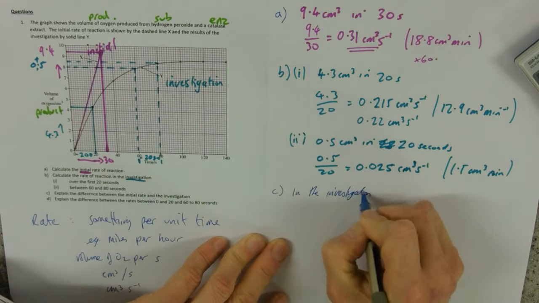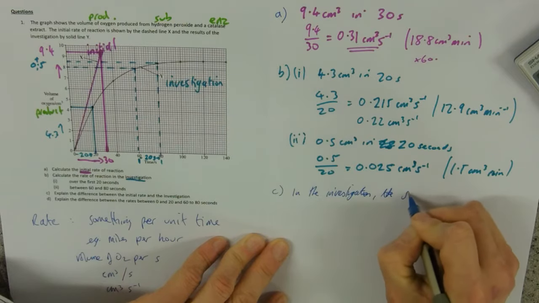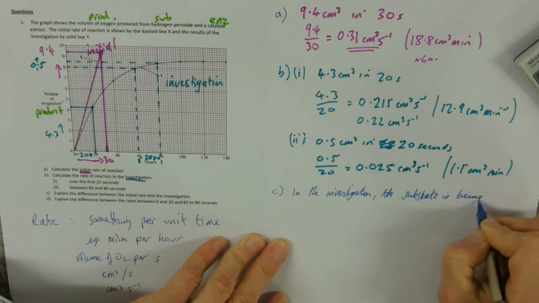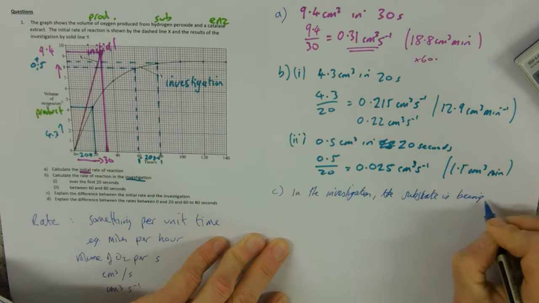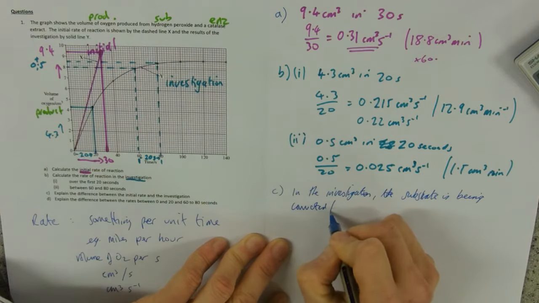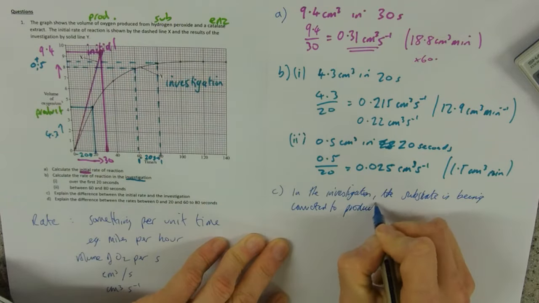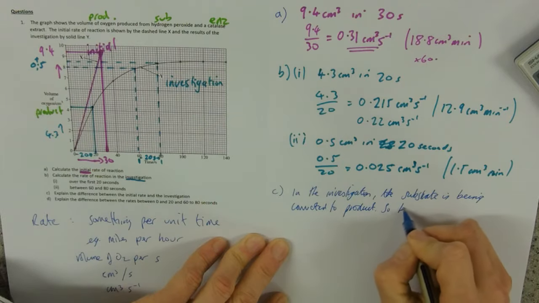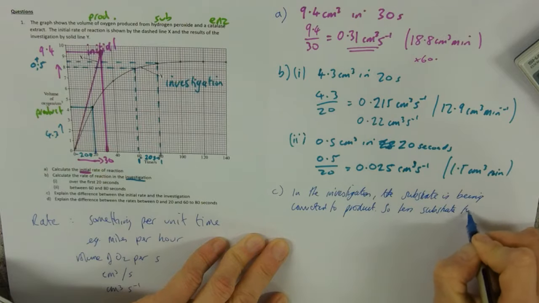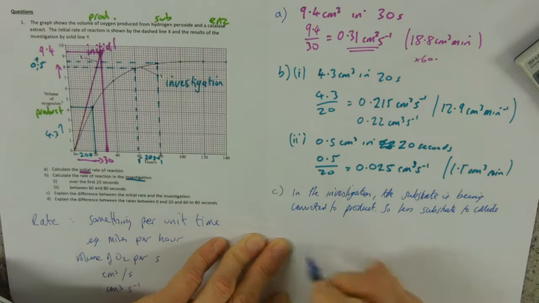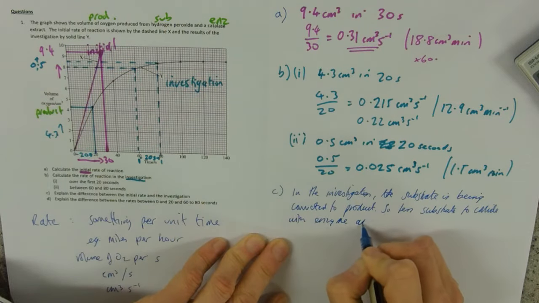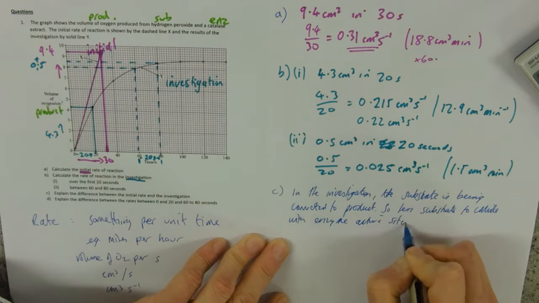The substrate is being converted to product, so less substrate to collide with enzyme active sites.